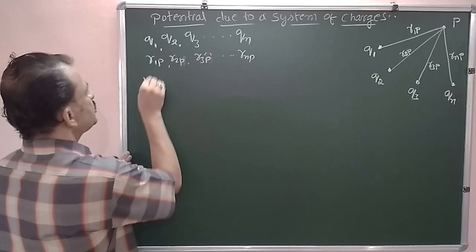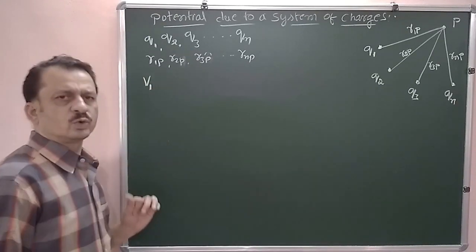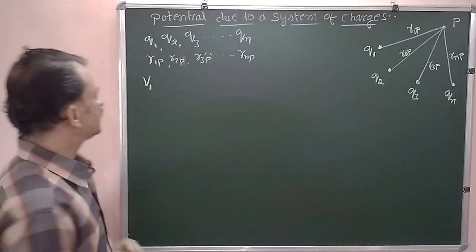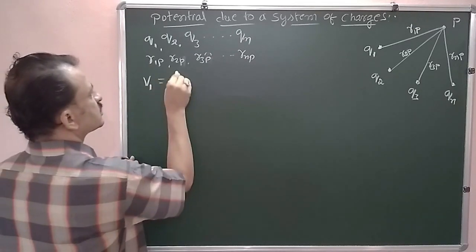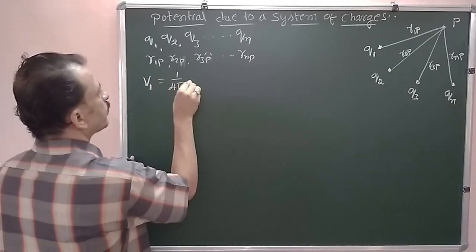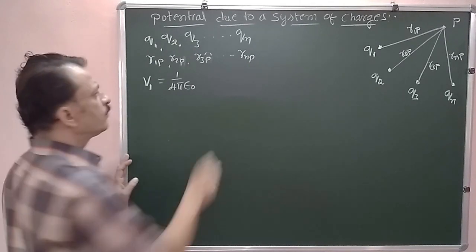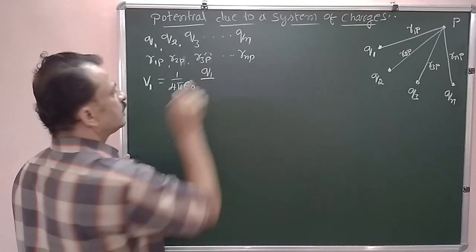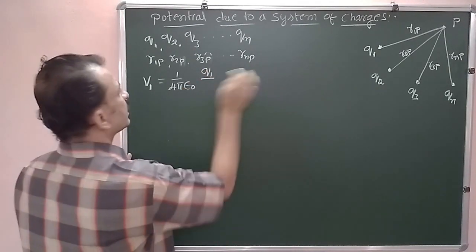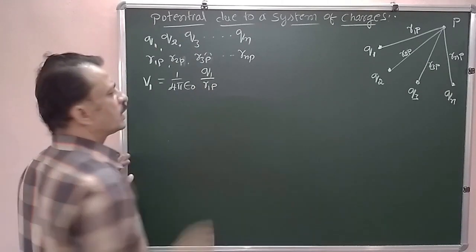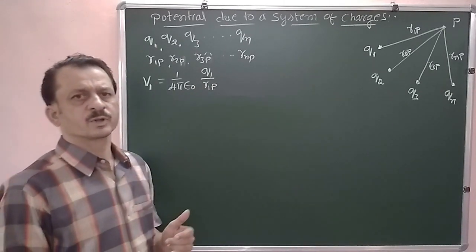Now, what is the potential at P due to the first charge? Let me write it as V1. That is equal to 1 divided by 4 pi epsilon naught into the charge Q1 divided by R1P.